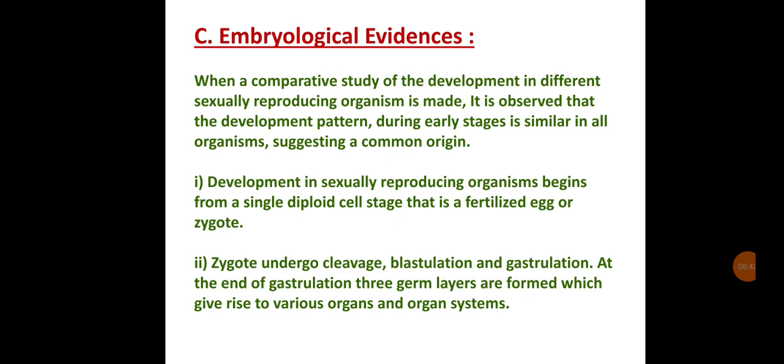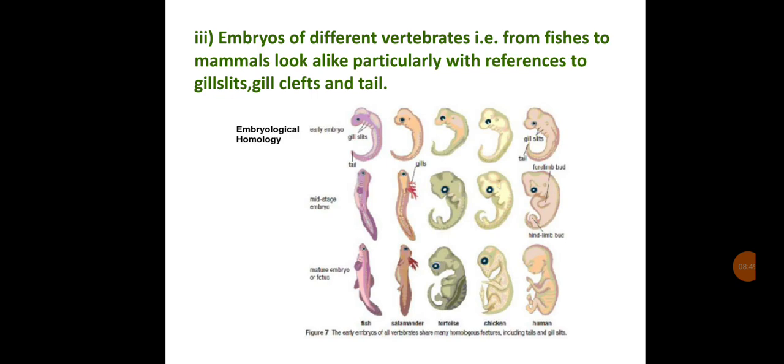At the end of gastrulation, three germ layers are formed which give rise to various organs and organ systems. The embryos of different vertebrates, from fishes to mammals, look alike, particularly with reference to gill slits, gill clefts and tail. Here this diagram shows the embryonic development during the early stages of all the animals. That development looks very similar.